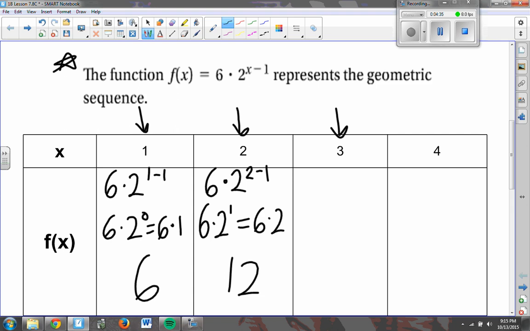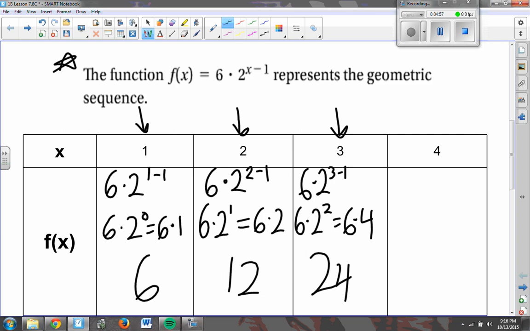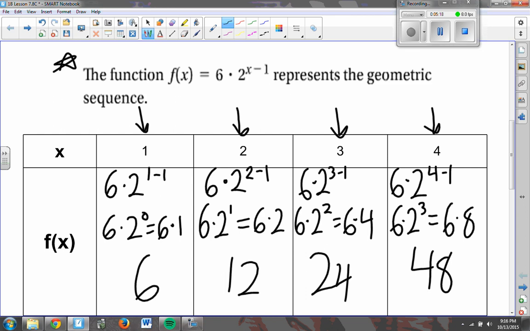If x equals 3, I now have 6 times 2 to the 3 minus 1 power. That's the same as 6 times 2 to the second power, which equals 6 times 4, which is equal to 24. And then one more time, if x equals 4, my geometric sequence function, f of 4, is 6 times 2 to the 4 minus 1, which really is 6 times 2 to the third, which equals 6 times 8, which is 48.